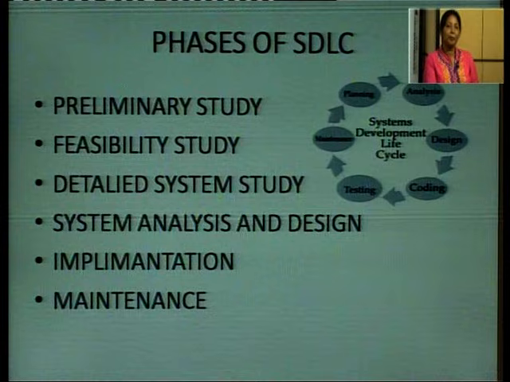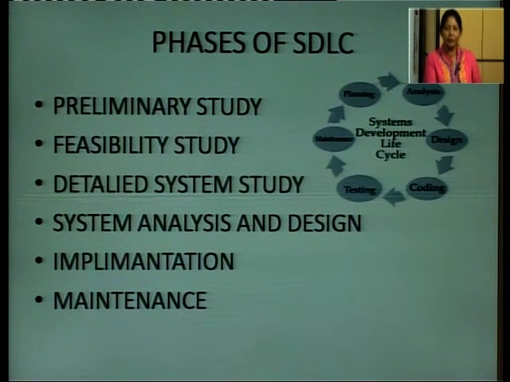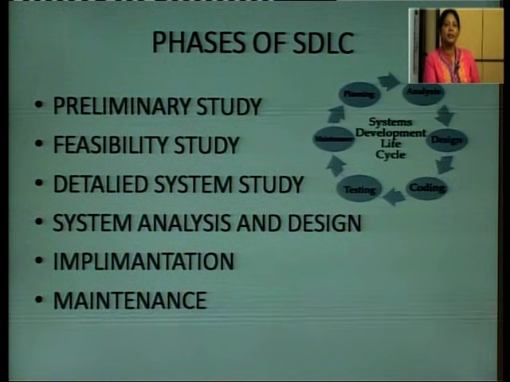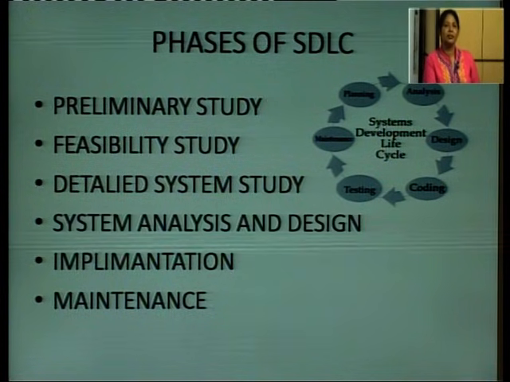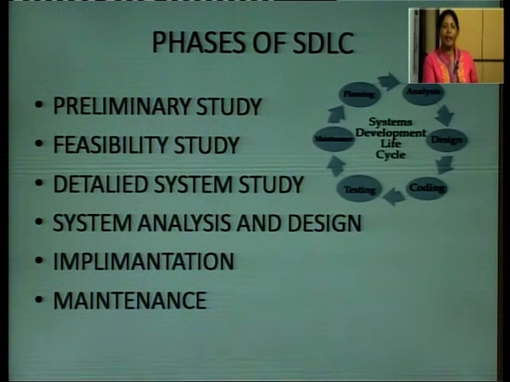First of all, the preliminary study of the system, that is the recognition of the need of the user. The next is the feasibility study, which may be technical, operational, or economical. Then the detailed study of all the subsystems of the system.